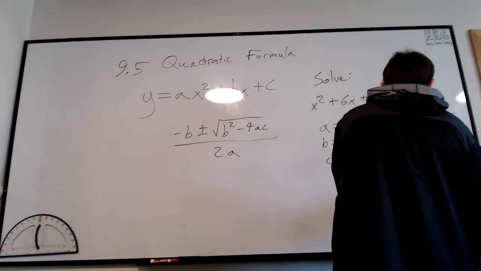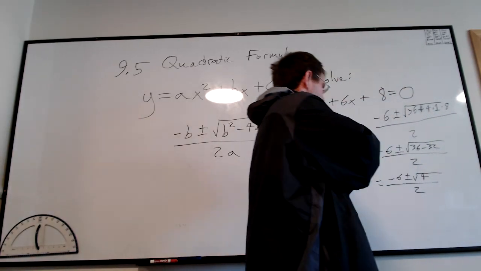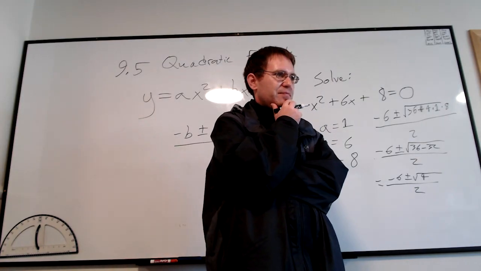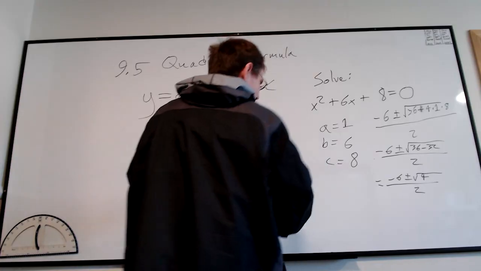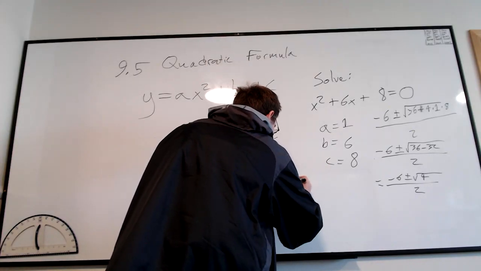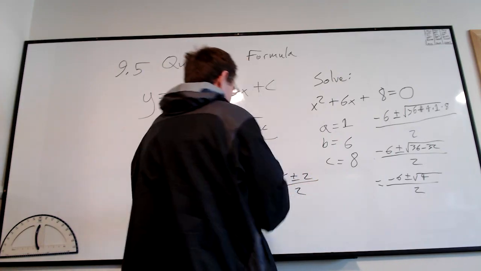Yep. So 4 all over 2. Okay, so what's the square root of 4? 2. Yeah. So we've got negative 6 plus minus 2 over 2.